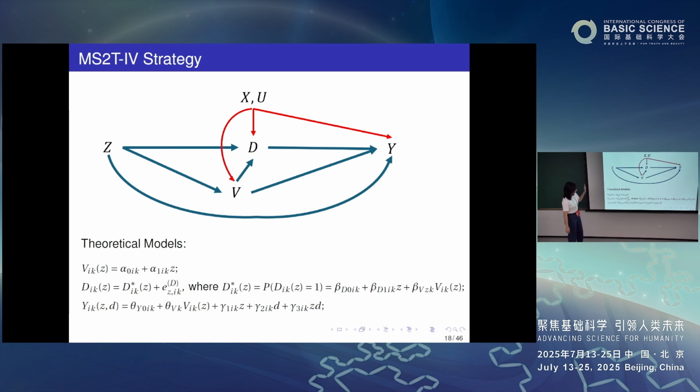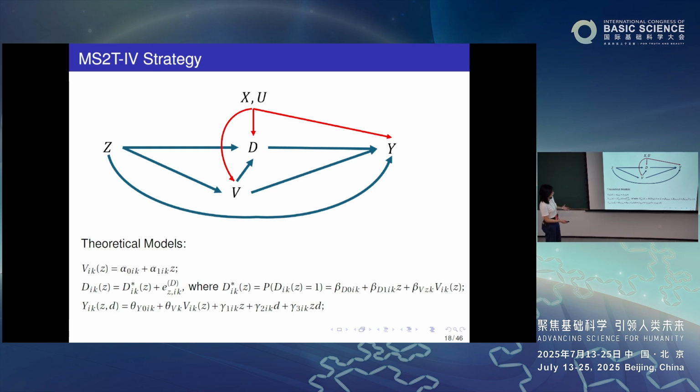But again, for V's impact, we have to assume that it's constant. And also here we assume that there is no interaction between Z and V. That's how much we can allow in our model. But notice that we have interaction between Z and D here. So this is our theoretical model.